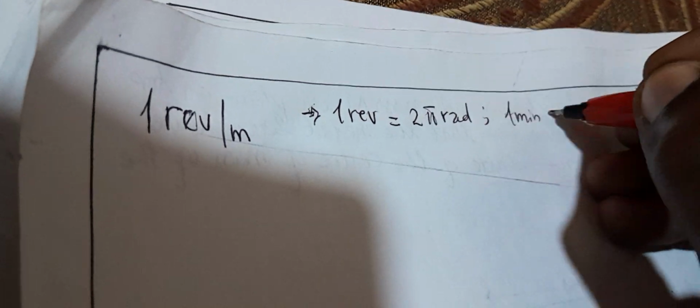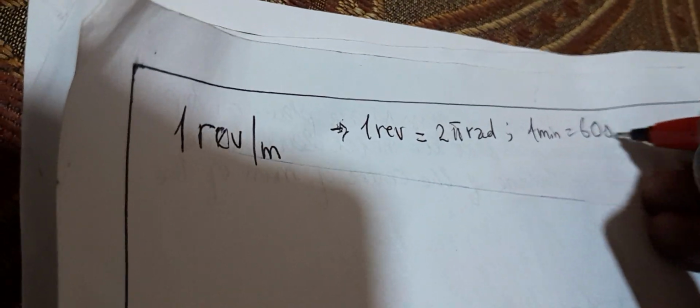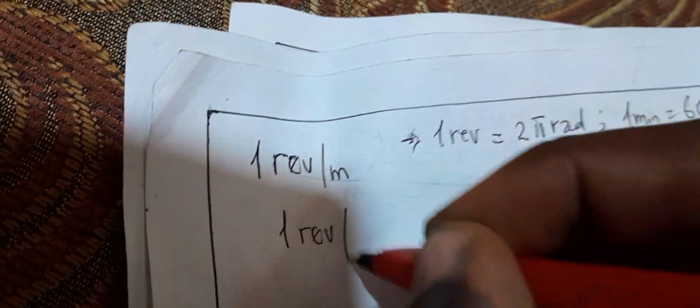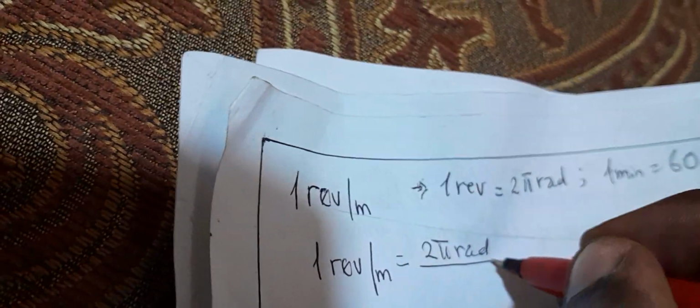We know that 1 revolution equals 2 pi rad, and we also know that 1 minute equals 60 seconds. So it means that one revolution per minute will be equal to 2 pi rad over 60 seconds.